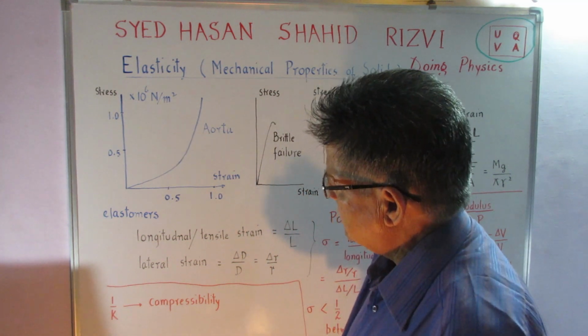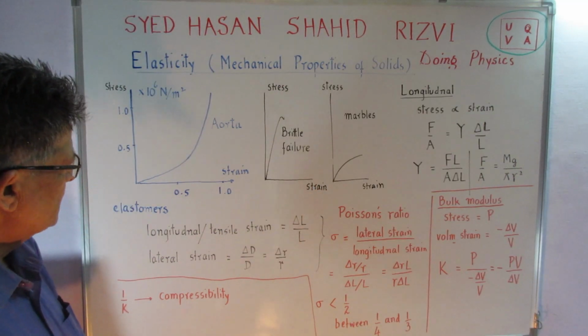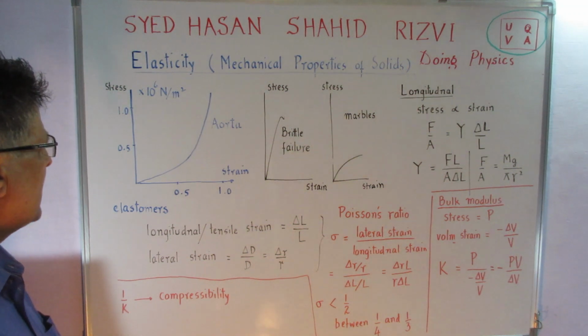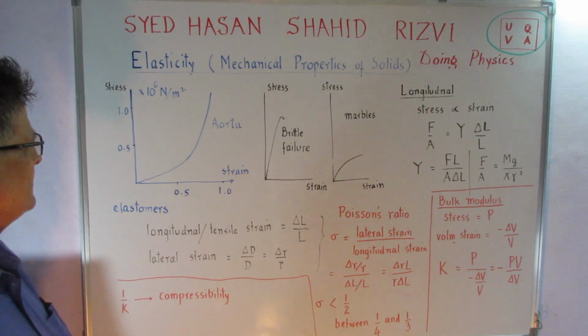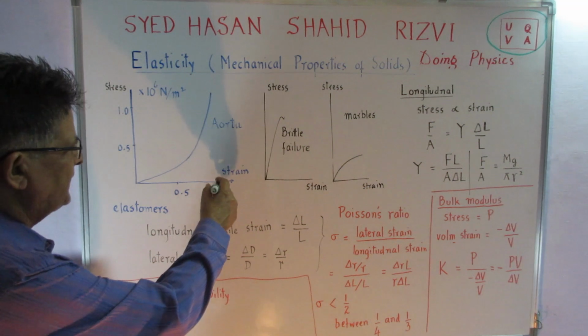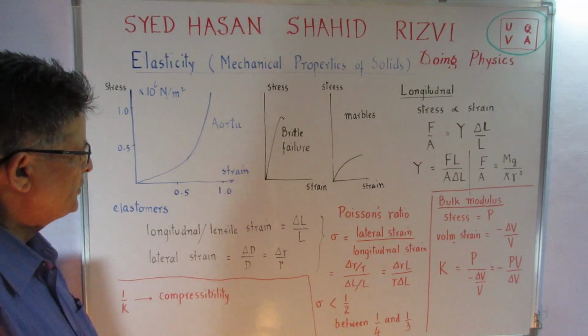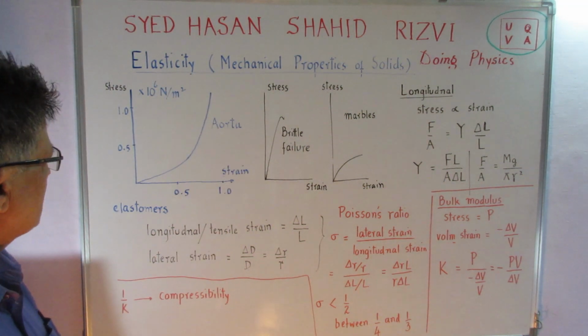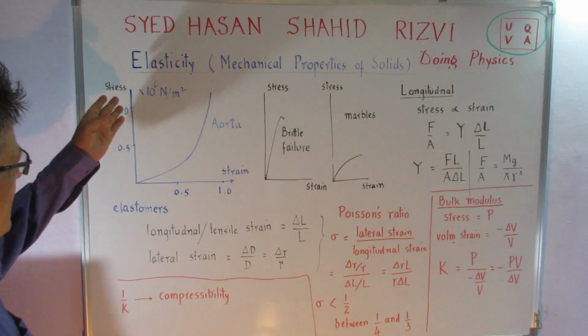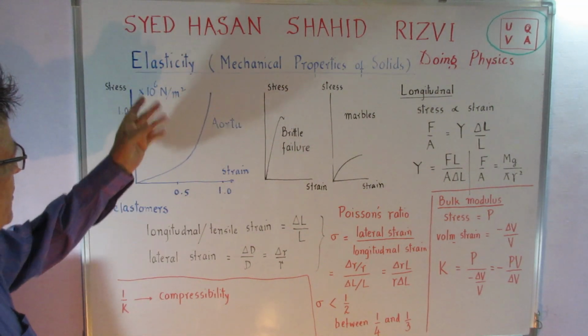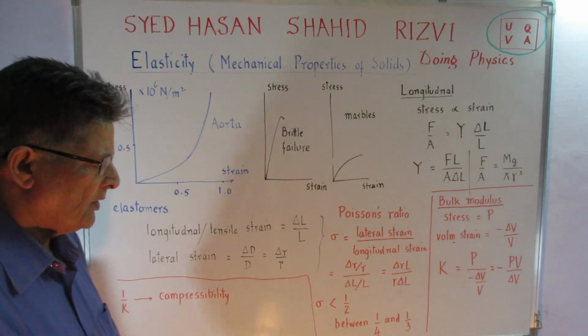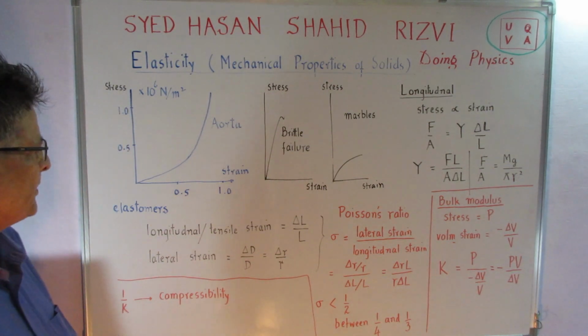So we were talking about the aorta, and we find that the strain is almost 100%, for stresses to the tune of about 10 to the power of 6 Newton per meter square.